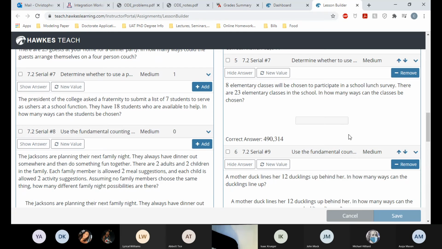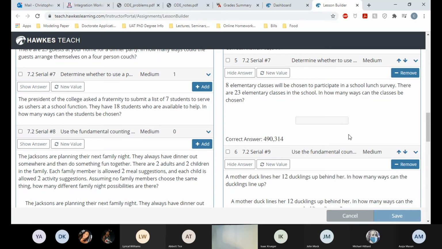Okay. 8 elementary classes will be chosen to participate in a lunch school survey. There are 23 elementary classes in the school. In how many ways can classes be chosen? So the greater group is the 23, and then we're choosing 8. We have to decide, does the order in which the 8 are chosen matter?